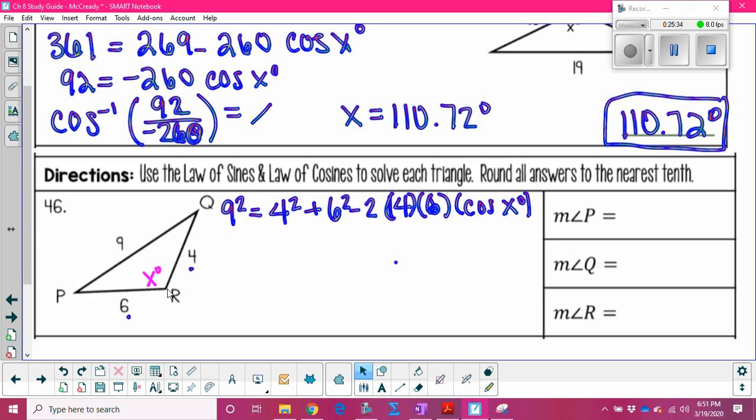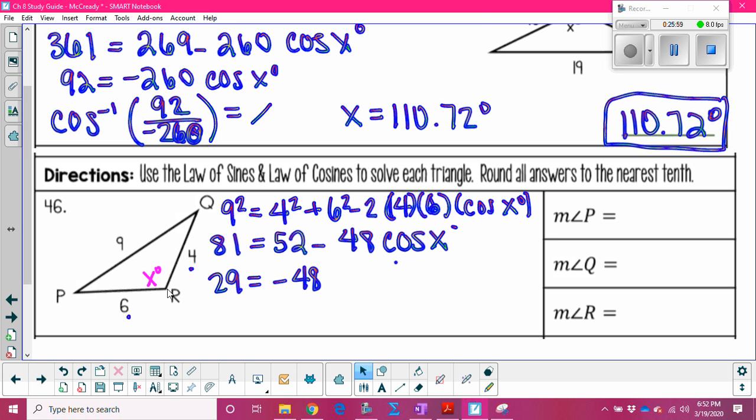So 9 squared we know is 81, and then 16 plus 36 gives us 52, minus 24 times 2, which is 48, cosine of x degrees. I'm going to subtract 52 from both sides, so I'll end up with 29 equals negative 48 cosine x.